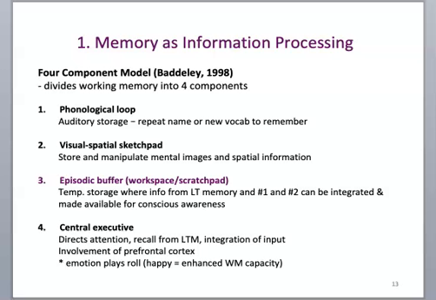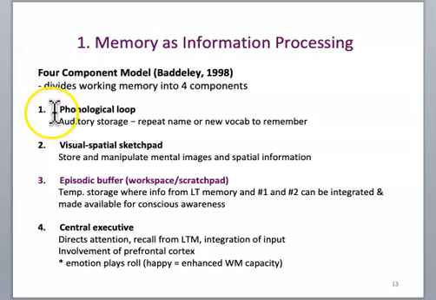A more current model of information processing is the four-component model. It divides working memory into four components: phonological loop, visual-spatial sketchpad, episodic buffer, and central executive. Now I've made the episodic buffer purple for a reason, and you'll see why in a second.